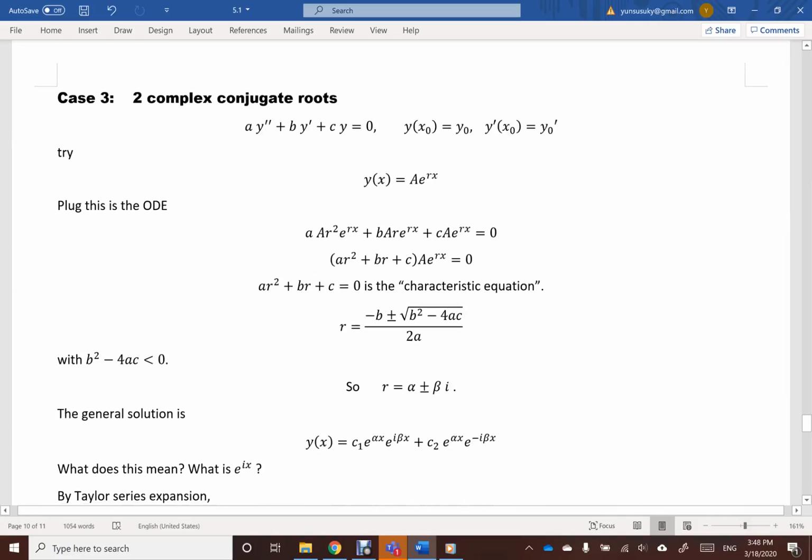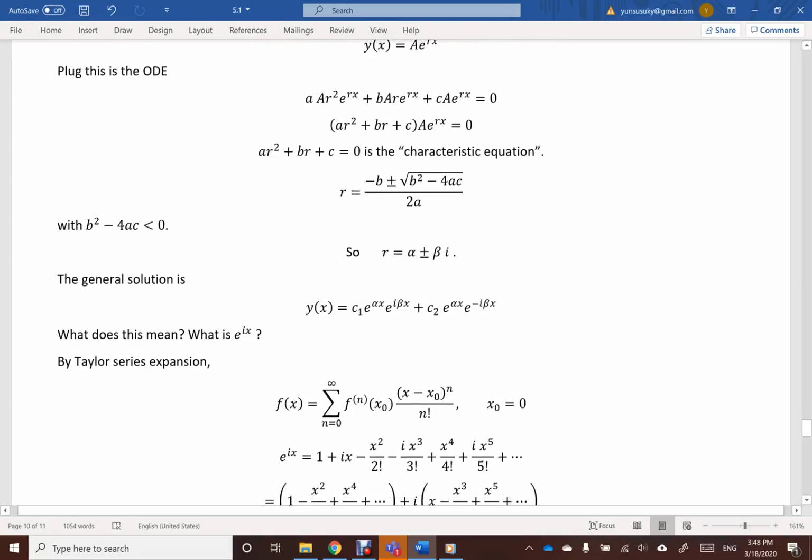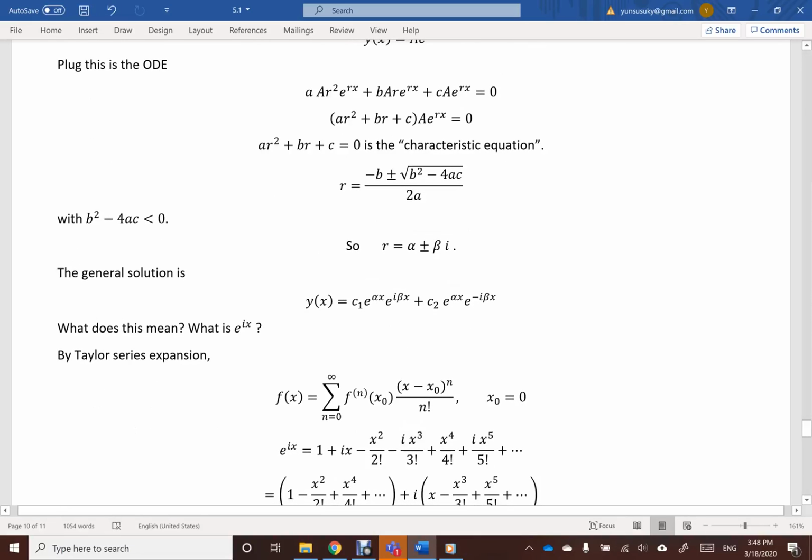Alright, so we finished the two distinct real roots case and the one repeated real root case. The last case is when we have two complex conjugate roots. Okay, so we have the characteristic equation, and because the discriminant is negative, we're going to have two complex roots.